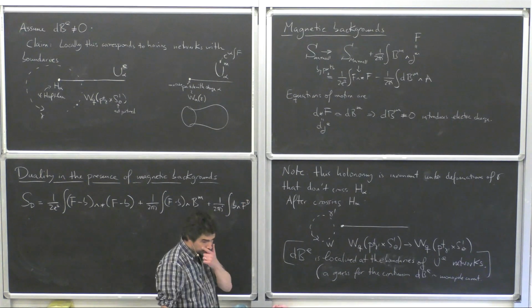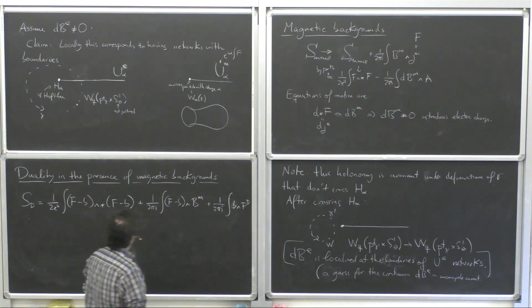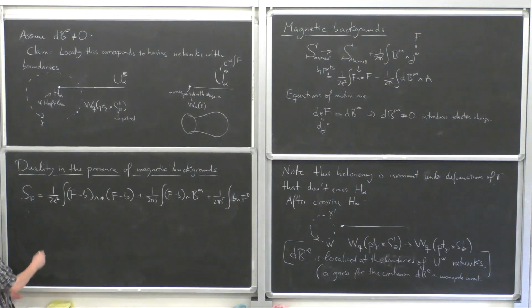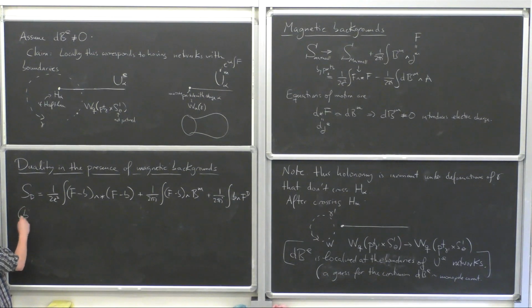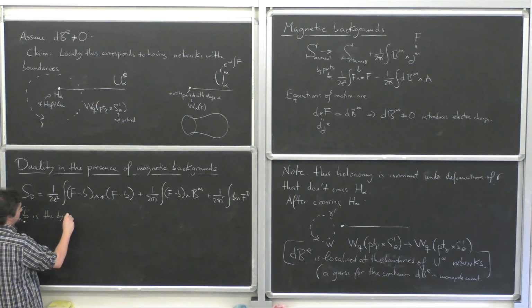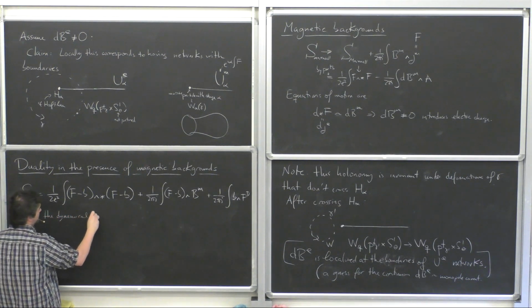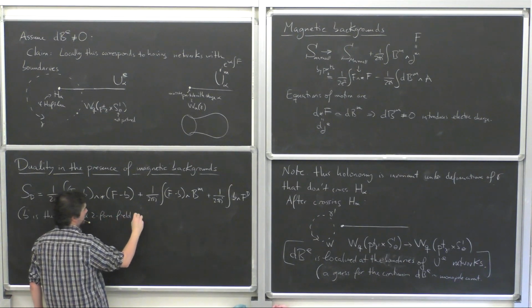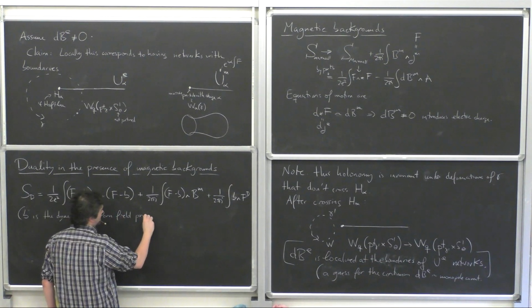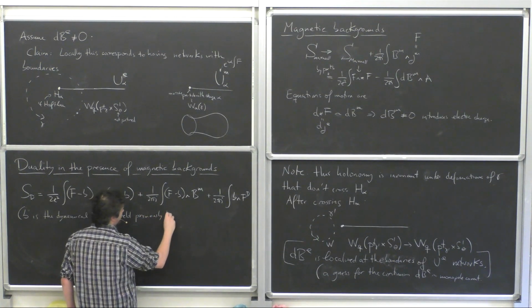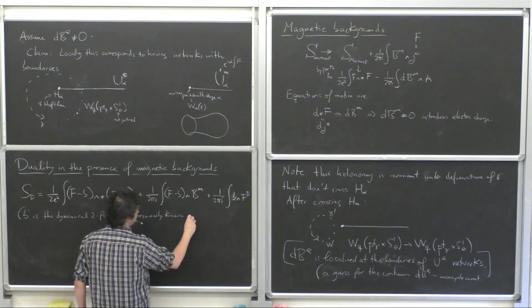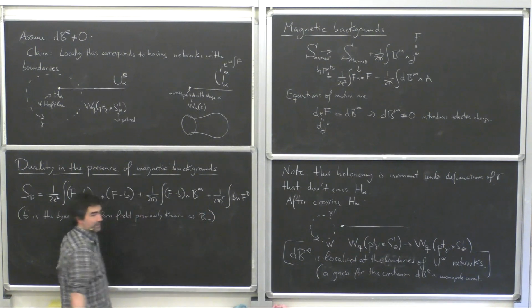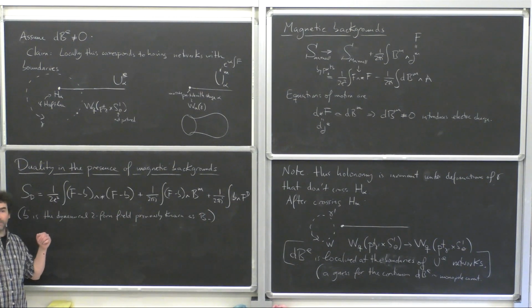Okay. So b is the dynamical two-form field, previously known as B. So you can check your notes from my derivation of the Maxwell duality.